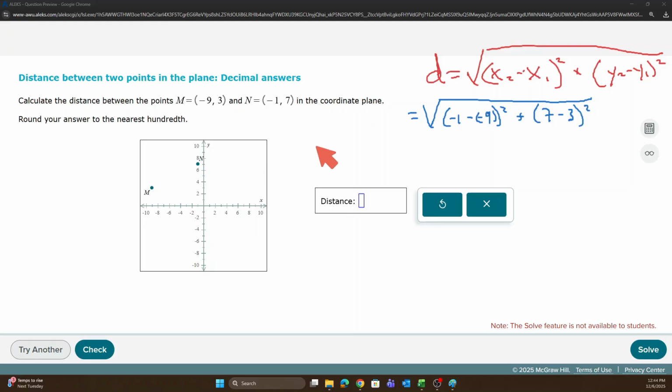So when we do our calculations, negative 1 minus negative 9 is the same thing as negative 1 plus 9, which gives us positive 8. And 7 minus 3 is 4. Eight squared is 64.